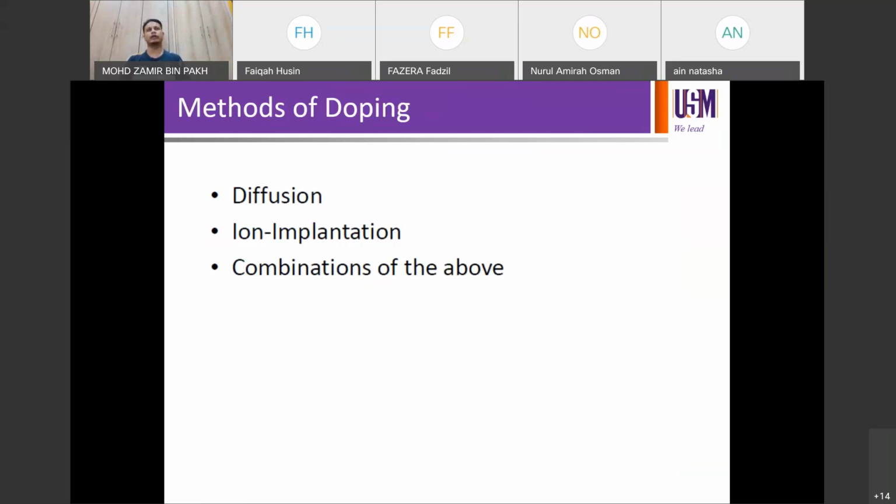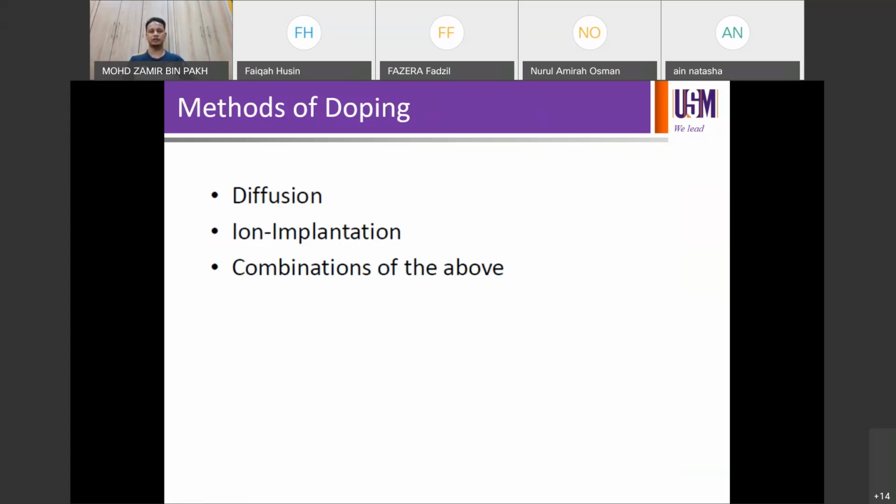In reality, for IC fabrication, the chip may require a combination of implantation and diffusion at different steps in order to realize the formation of the doped regions on the device. So it's not necessarily purely diffusion or purely ion implantation. It can also be a combination of both.